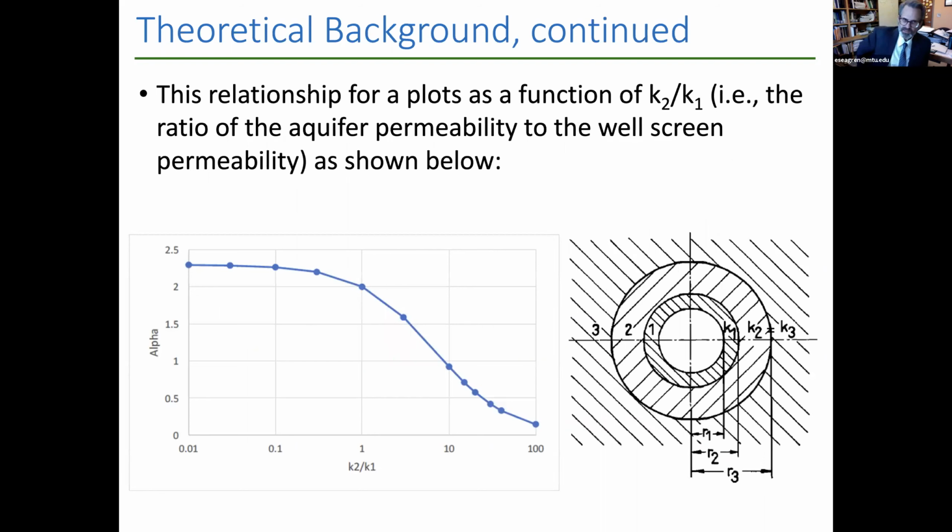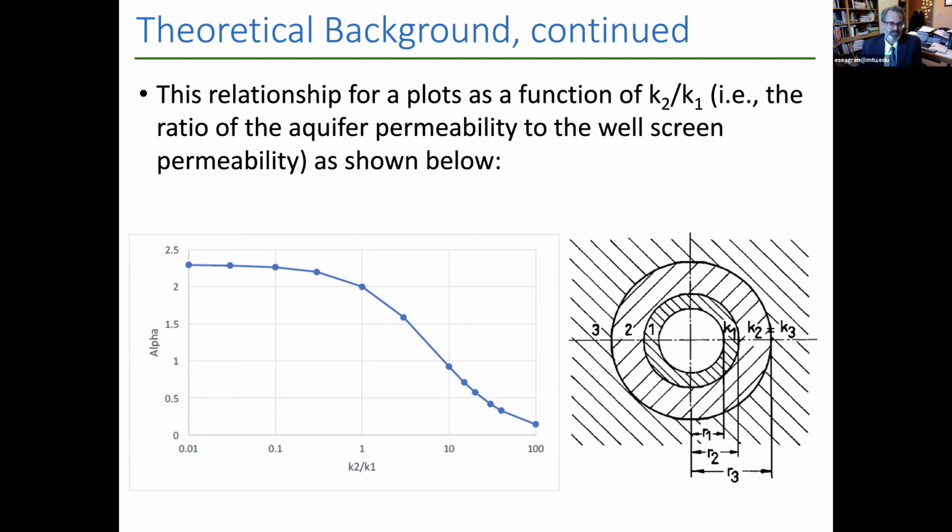And if we plot this relationship as a function of the ratio of the permeability of the aquifer to the permeability of the well screen, so K2 over K1, shown here on the x-axis, we can predict the alpha, or the spreading of that plume. Remember, that's the spread of the plume relative to the ID of the well screen.